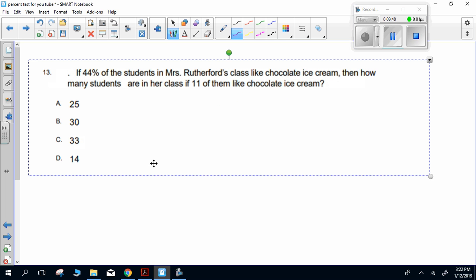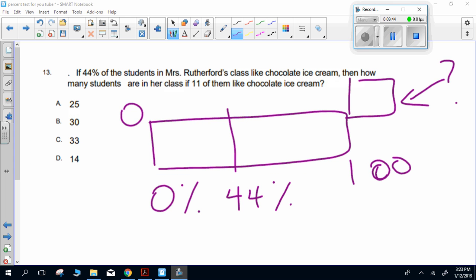So 44% of the kids in Mrs. Rutherford's class like chocolate ice cream. If that's 11 kids, so 44 and 11 go together. So I see that I have to go from 100 to 44, and I can't go there. So I'm going to go down to, let's go 2.